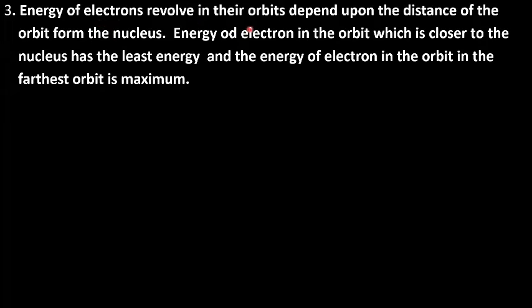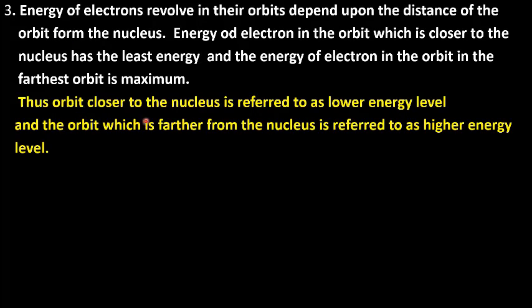Energy of electrons revolving in their orbits depends upon the distance of the orbit from the nucleus. The electron in the orbit closer to the nucleus has the least energy, and the energy of the electron in the farthest orbit is maximum. Since the electron in the orbit has a certain amount of energy, these orbits are also referred to as energy levels. Thus, the orbit closer to the nucleus is referred to as a lower energy level, and the orbit farther from the nucleus is referred to as a higher energy level.